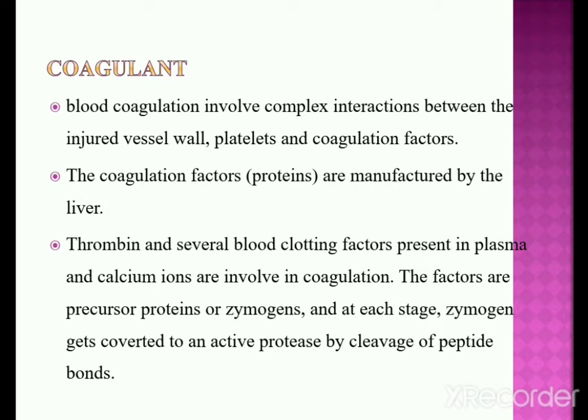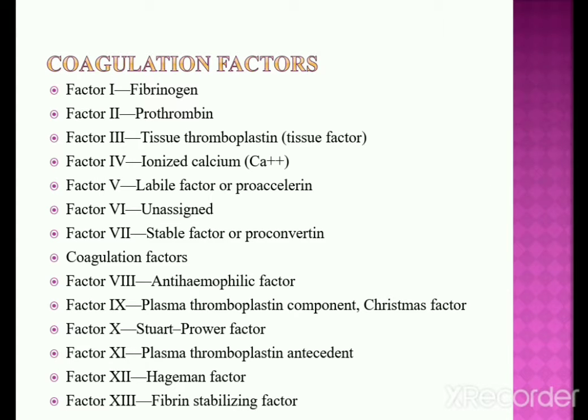The factors are precursor proteins or zymogens, and at each stage a zymogen gets converted to an active protease by cleavage of a peptide bond. This is your coagulation factor, which is required for blood clotting.